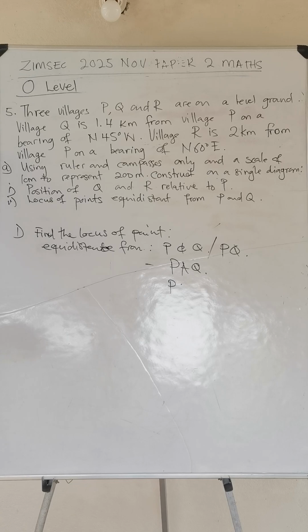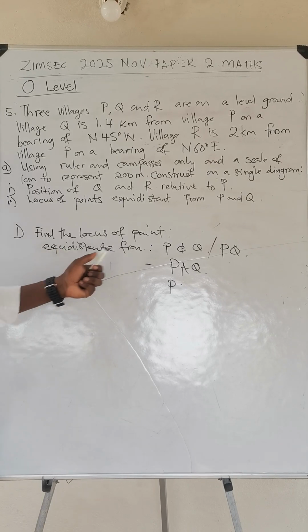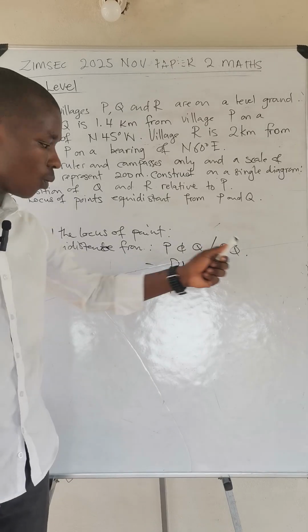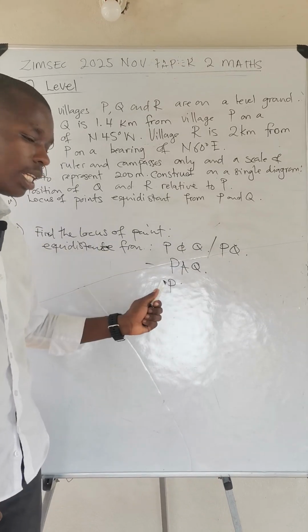This is how they ask their question: find the locus of points which are equidistant from P and Q, or PQ, then PAQ, then P.